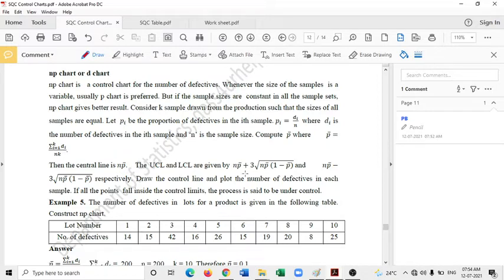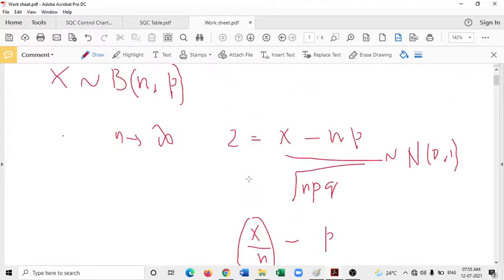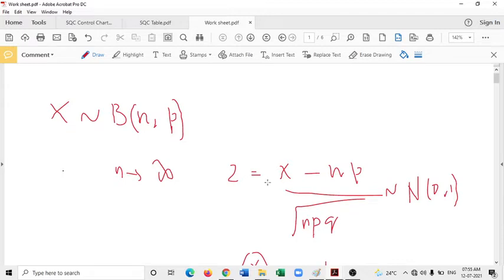Here the UCL and LCL are given by Np bar plus 3 root of Np bar into 1 minus P bar, and Np bar minus 3 root of Np bar into 1 minus P bar, respectively. This is also formulated from the same principle of the relation connecting normal distribution and binomial distribution.